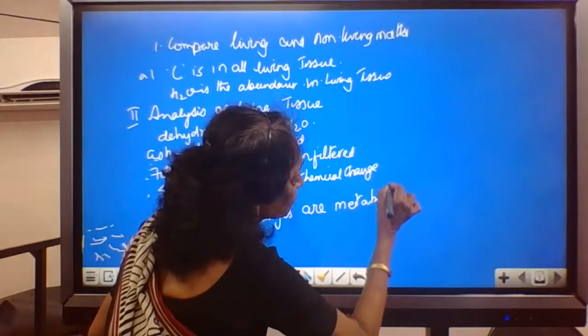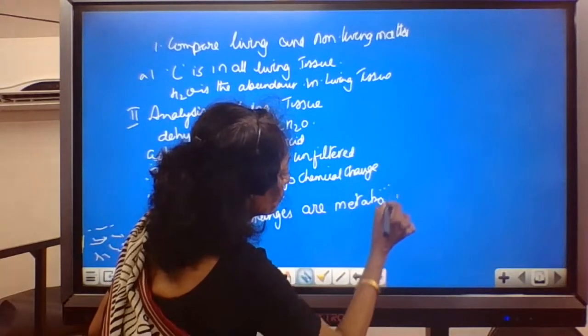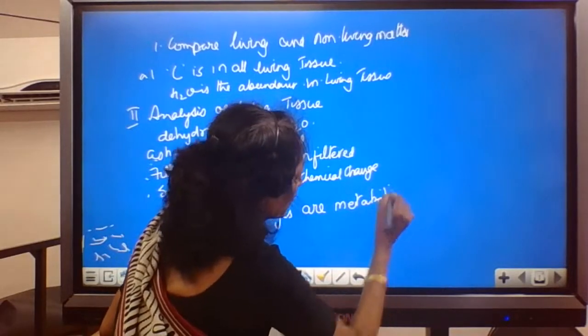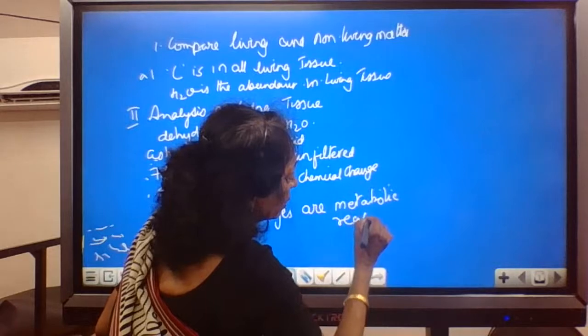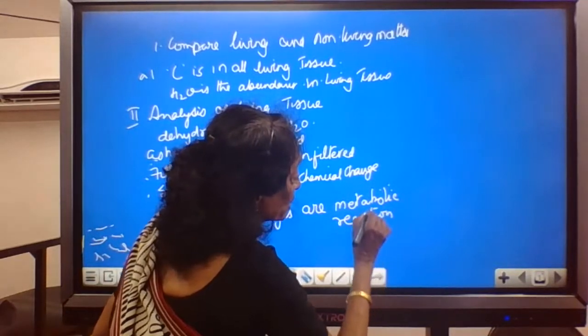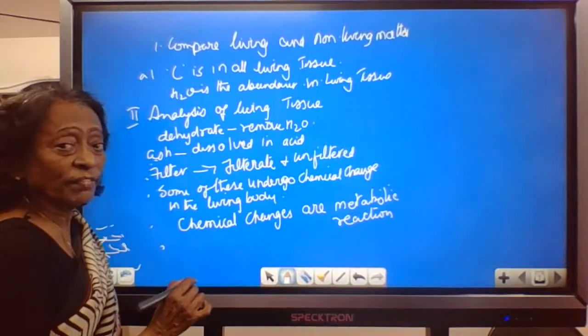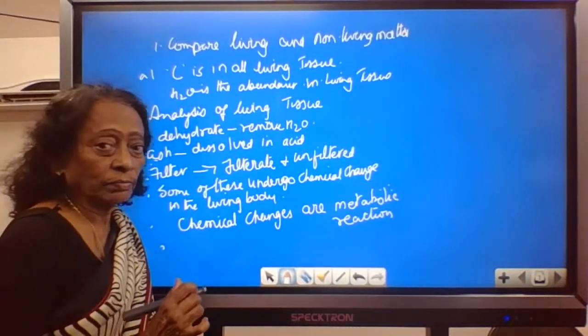Now, very important, these reactions have a definite pathway.